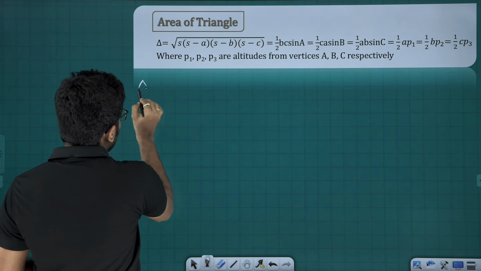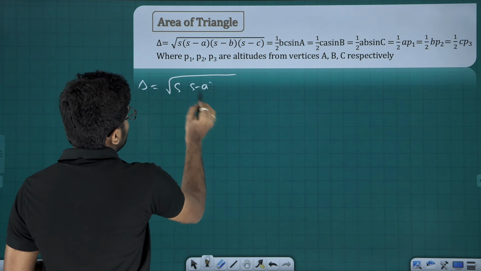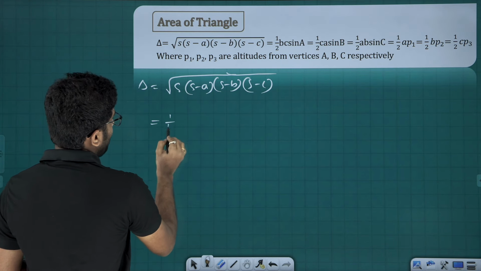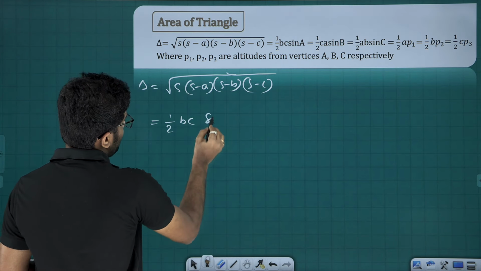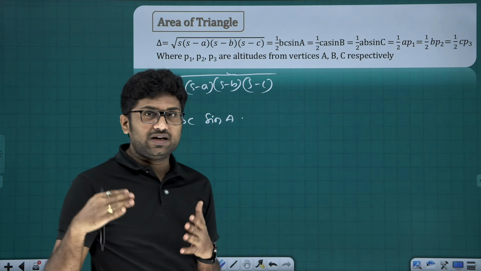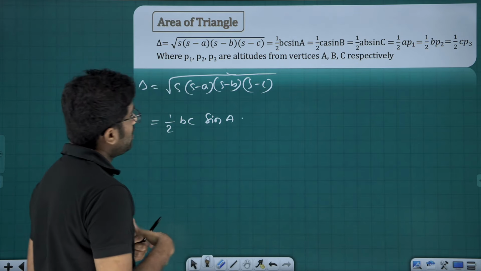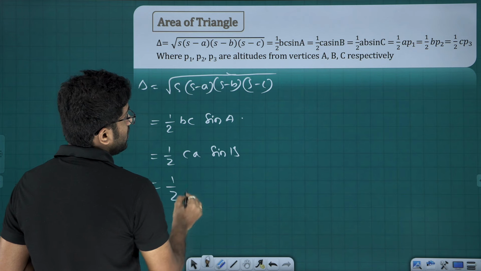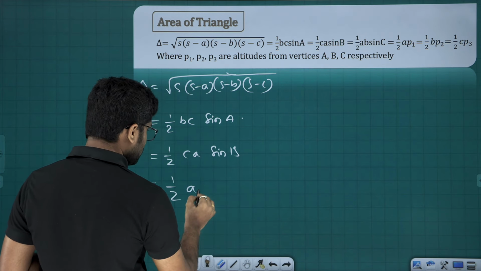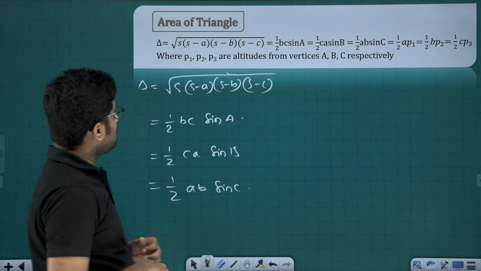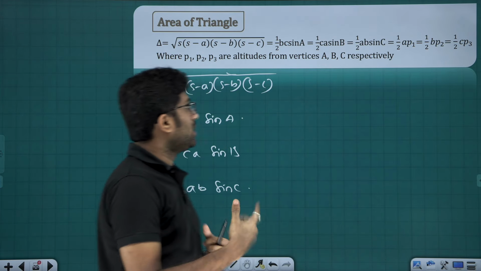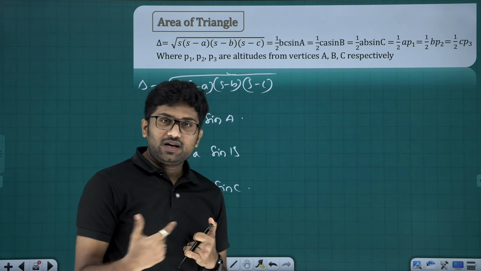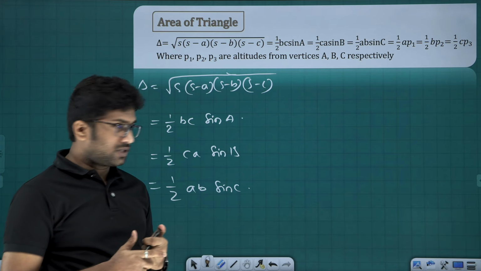So one formula is delta is equal to square root of S into S minus A into S minus B into S minus C. Next, we can also write it as half into BC sin A. When you know two sides and the included angle, area of the triangle is half BC into sin A, half CA into sin B, half AB into sin C. So these three, when you know altitudes, then directly half into A P1, half B P2, half C P3, where P1, P2, P3 are the altitudes of the triangle with respect to the vertices A, B, C respectively.